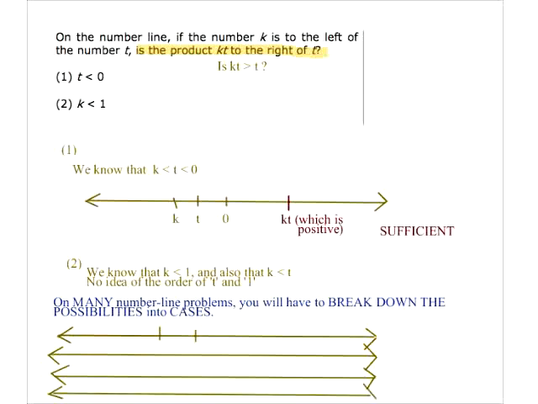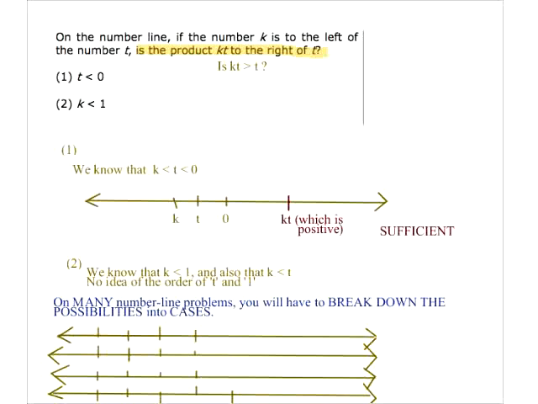All right. It's going to take me a second to draw all this stuff. So we don't know if k is positive or negative, and we don't know if t is greater than or less than 1. So we've got ourselves a few cases here. I just realized that I'm making too many marks.